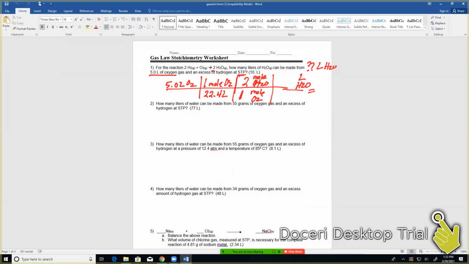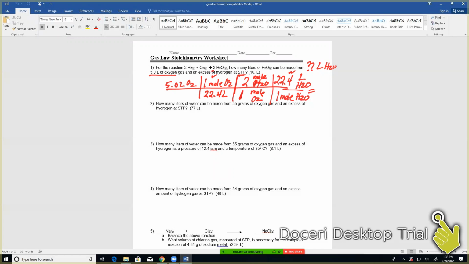So what are we going to have to use in that last conversion box to get us from moles of water to liters of water? 22.4 liters per 1 mole. So it seems like you did use it twice, but this time it was with regard to oxygen, this time with regard to water.